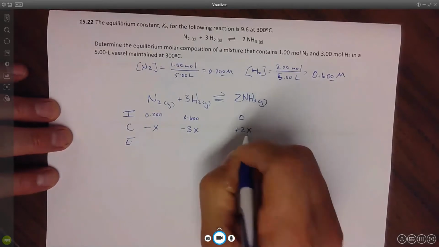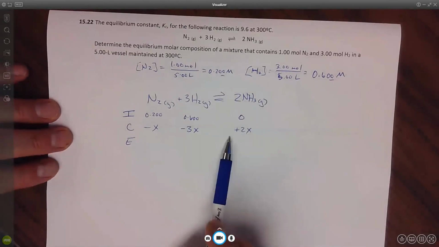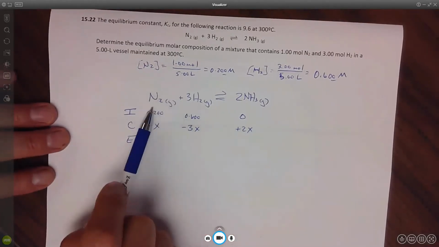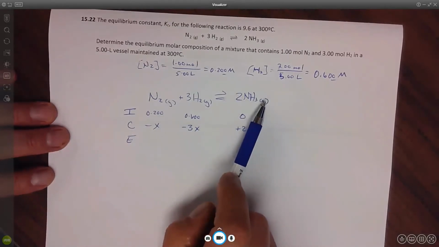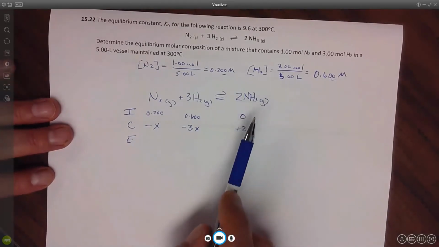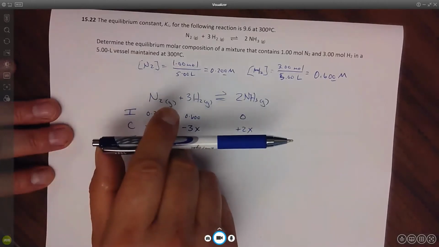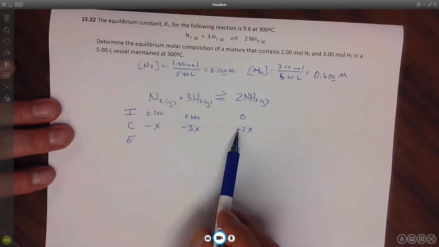Okay, so everybody gets that, right? We're always going to lose our reactants, so they're always going to be negative. We're always going to gain our products, so they're always going to be positive. We're always assuming the reaction's going from reactants to products, okay? The signs will take care of it. Even if we know it's going the other way, we're going to treat it like it's going towards products, okay? So always minus for the reactants, plus for the products.